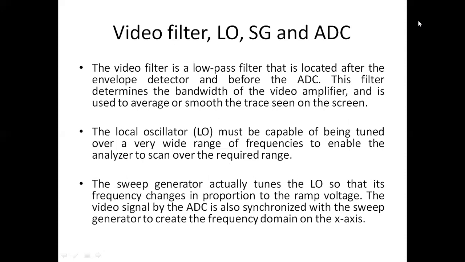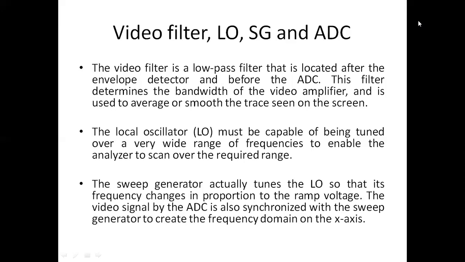The next components are the video filter, local oscillator, sweep generator and ADC. The video filter is a low pass filter that is located after the envelope detector and before the analog to digital converter.